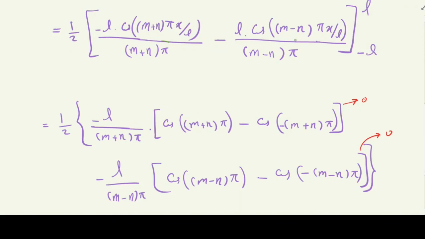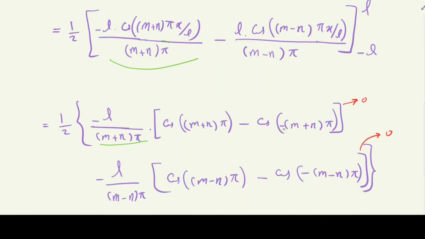So if we do that for the first term here, this is the term that we can keep outside: it's going to be minus L over n plus m pi. For the cosine, if you substitute L, you're going to get just n plus m times pi, because L is going to be cancelled out from top and bottom. So you're going to have cosine of n plus m times pi. And if you substitute minus L, then it's going to be pretty much the same, except you end up with a minus here.